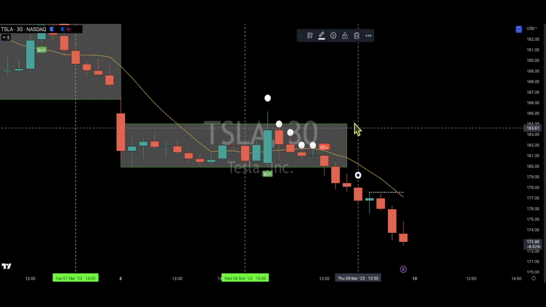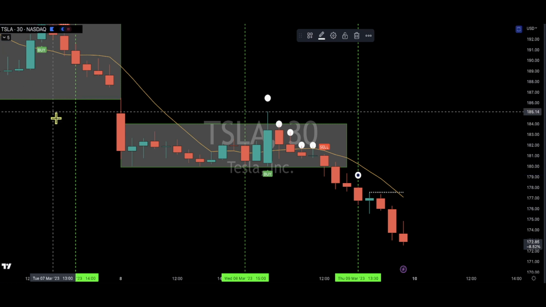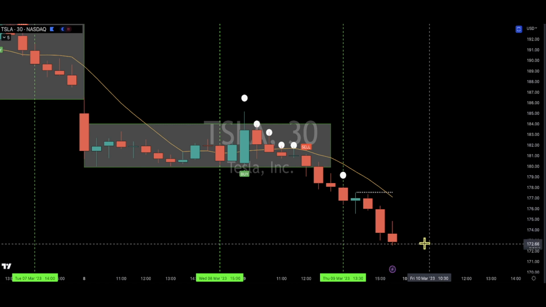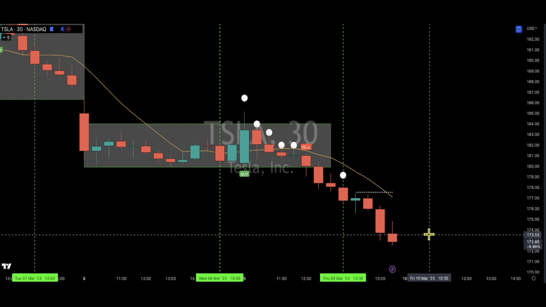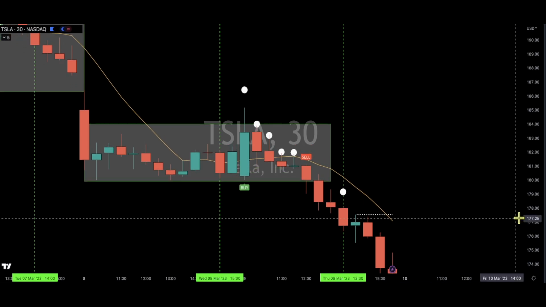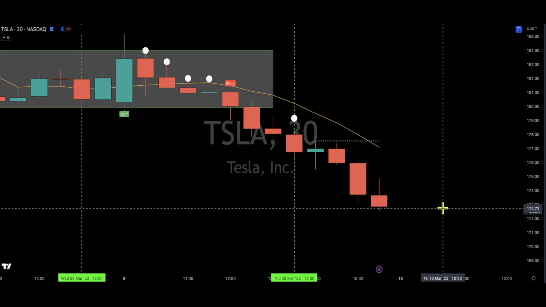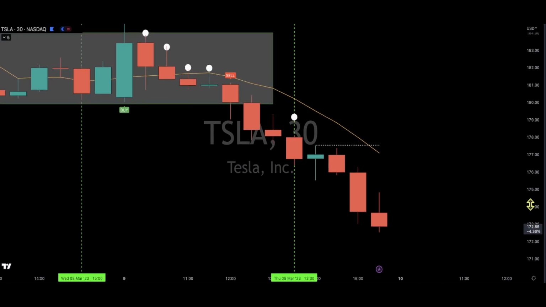If you get into the trade there, then you followed the rules, and you would have got in probably about 177. And we went all the way down to 172. This is where I would have told you, hey, take your profits. Don't hold it overnight. If you're new to trading as a beginner, you want to learn how to take profits. Nothing goes to the moon anymore.